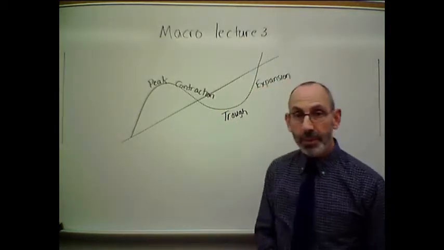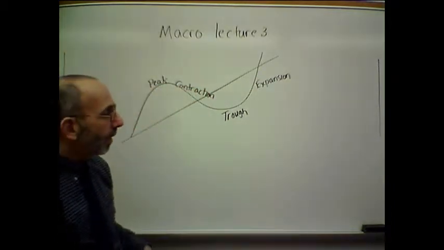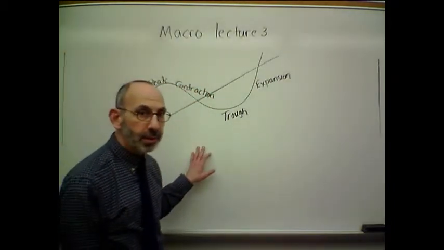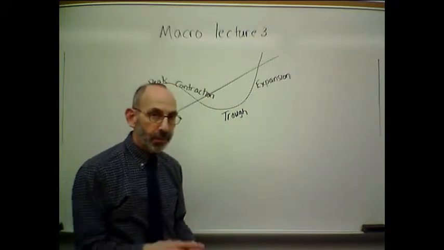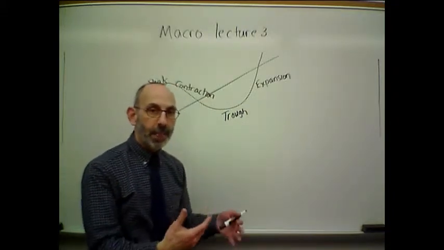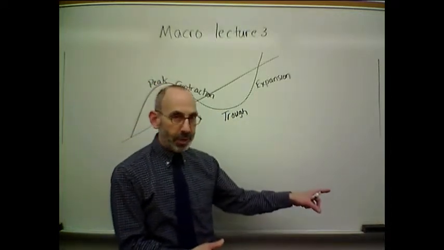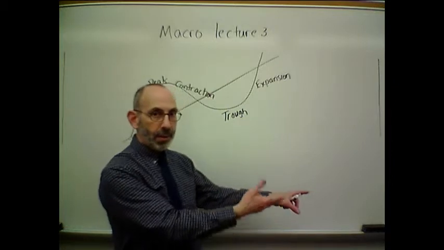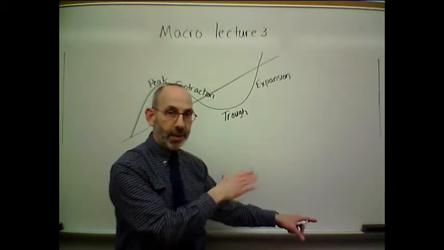Just a few other terms that we might want to talk about in macroeconomics. I want to make sure I cover them. We talk about different ways of measuring price level changes. When we get into the aggregate demand, aggregate supply model, which comes in the very next lecture, we're going to be talking about output levels with real GDP graphed against price levels in the economy.